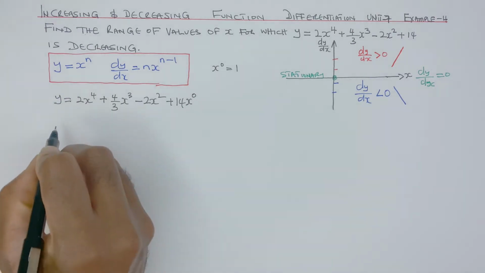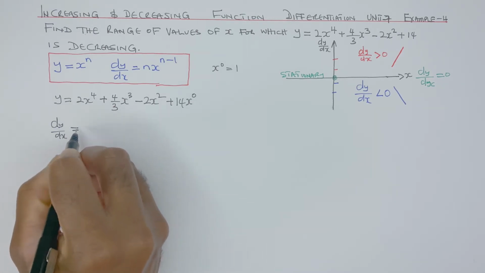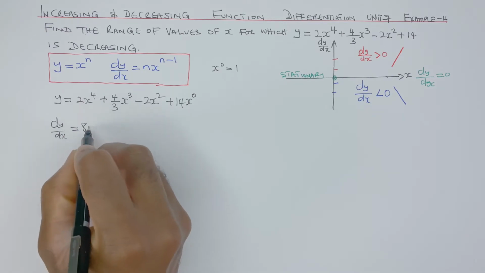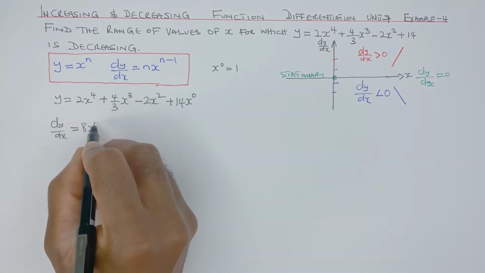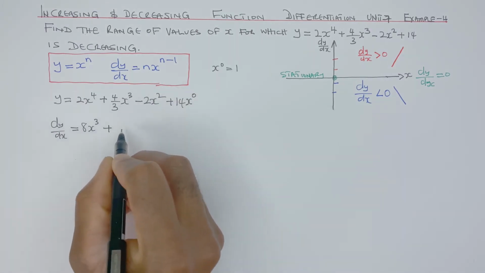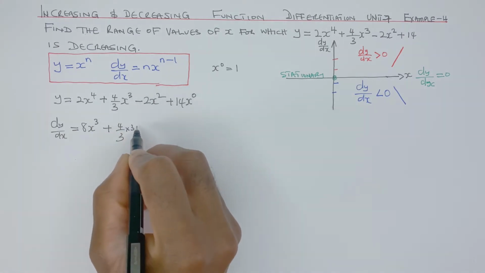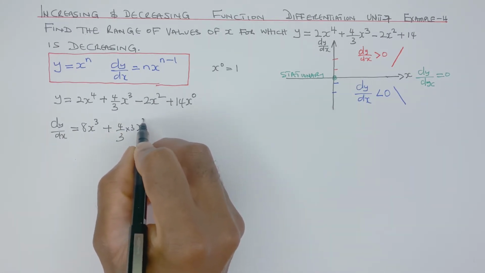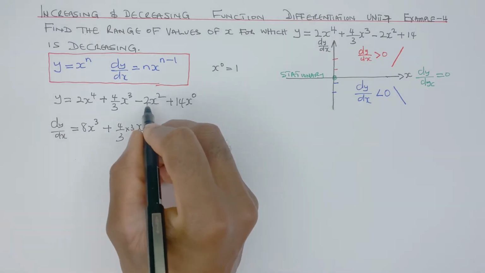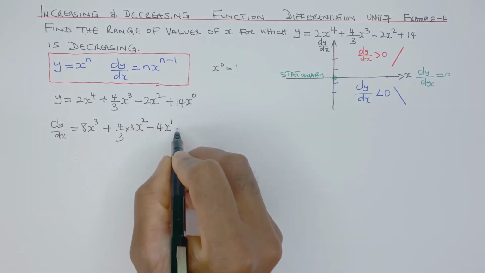Now we can differentiate. dy/dx equals 4 times 2, 8, x to the power 4 minus 1, 3, plus 4 over 3 times 3, x to the power 3 minus 1, 2, minus 2 times 2, so that's 4, x to the power 2 minus 1, power 1.